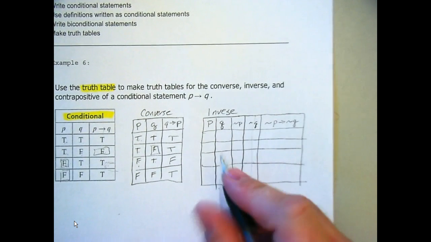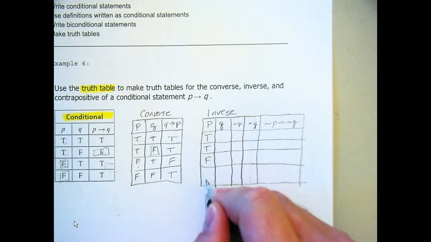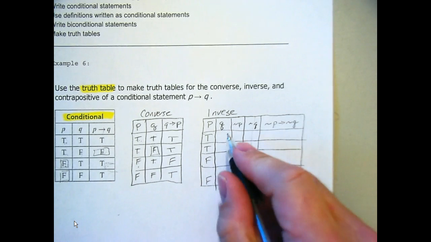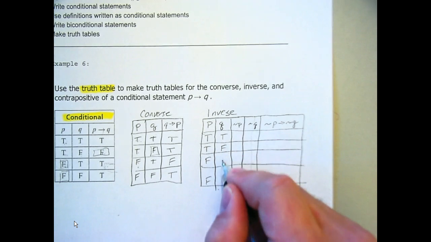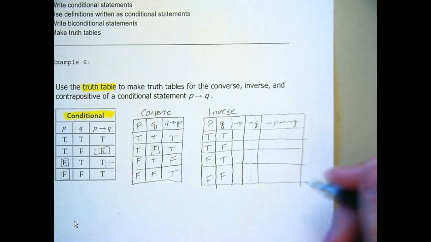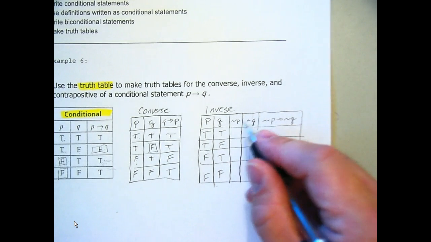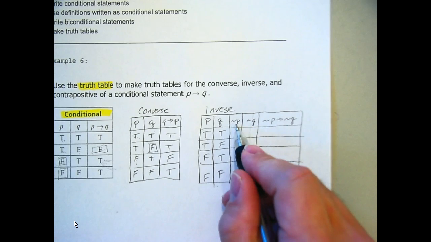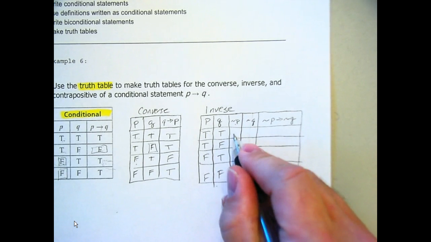Once again, P stays the same, true, true, false, false, as in our conditional. Q stays the same, true, false, true, false. Not P actually becomes what? If it was true, it's now false. You're just switching it.